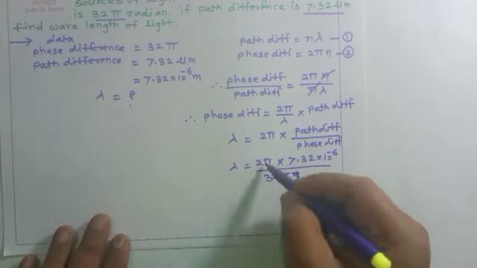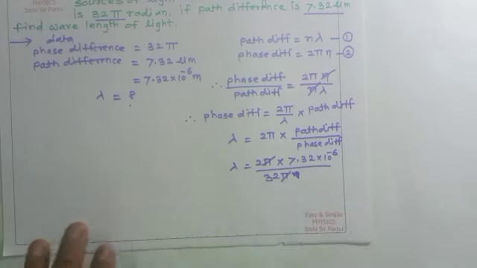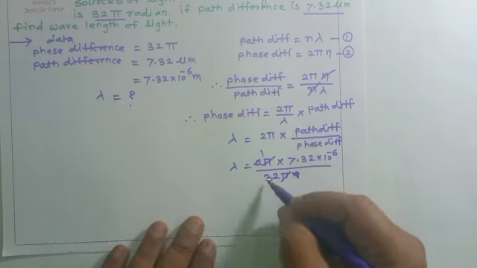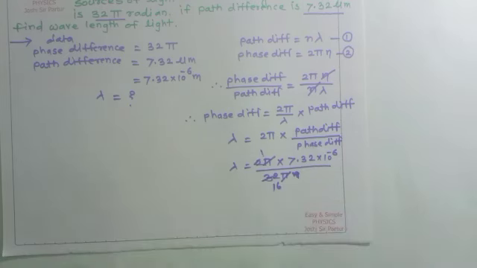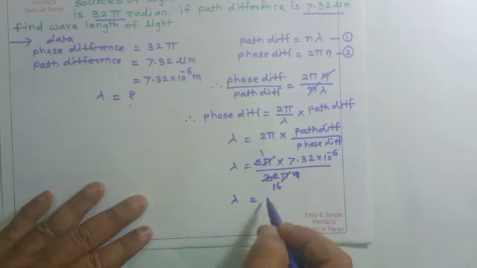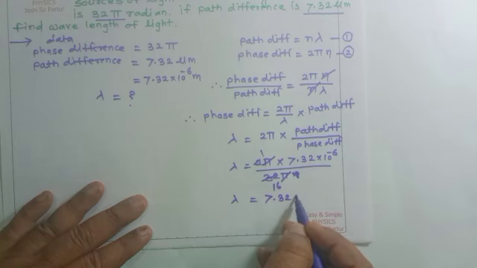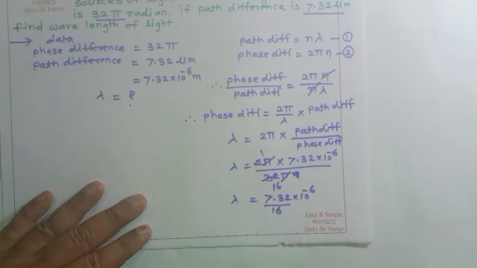First of all, we cancel pi. Two into 16 will be 32. So wavelength is equal to 7.32 into 10 raised to minus 6 divided by 16.